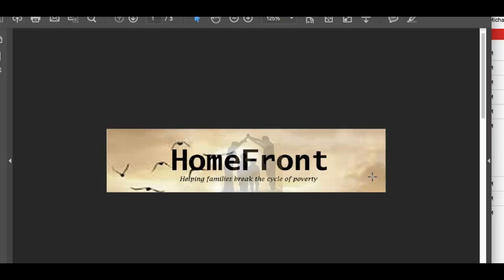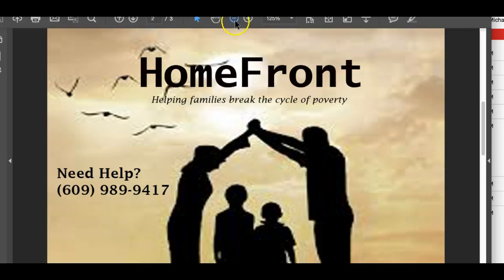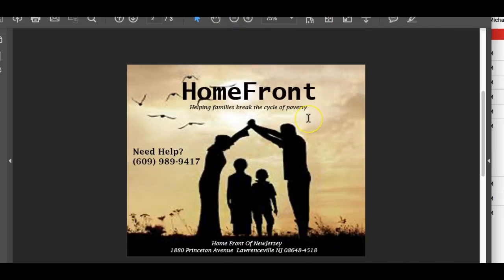Same thing with this piece too. I'm not real sure exactly what this piece is. Is it a direct mail? Do you see what I'm saying? I just don't know what it is. If it's some sort of an ad or a direct mailer, it would need some more information depending on what it is. So I really need to know what it is. Now, if this is a direct mailer, of course, you would need to design the backside of it.